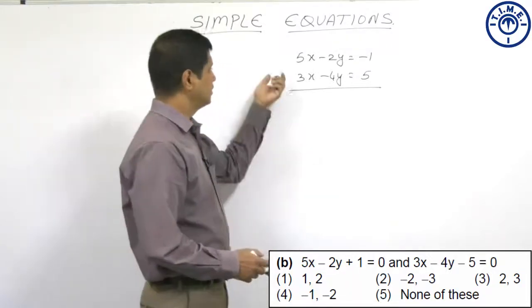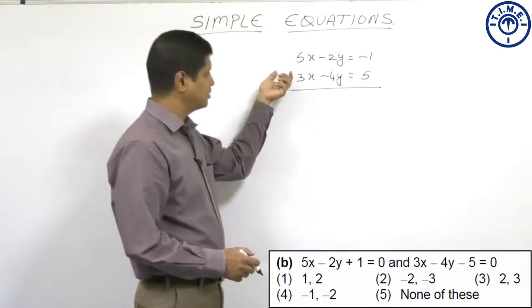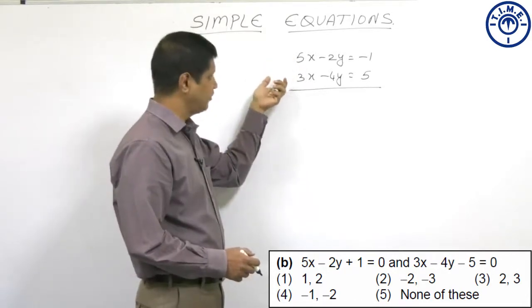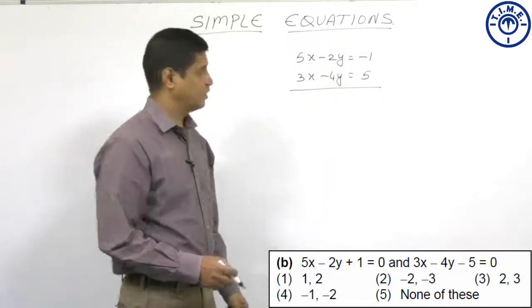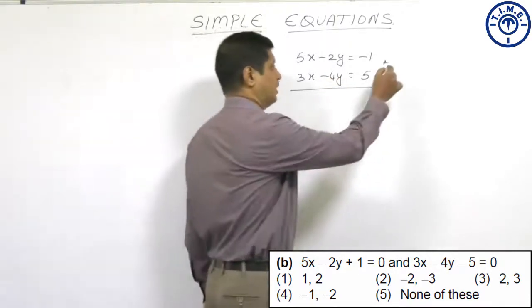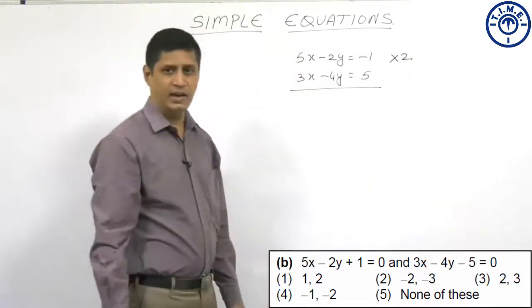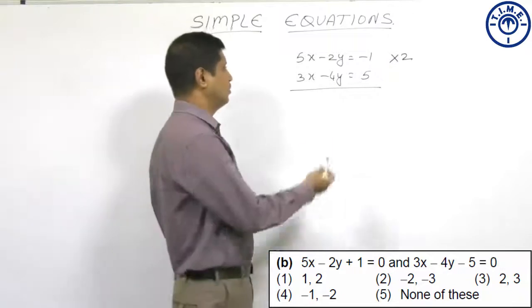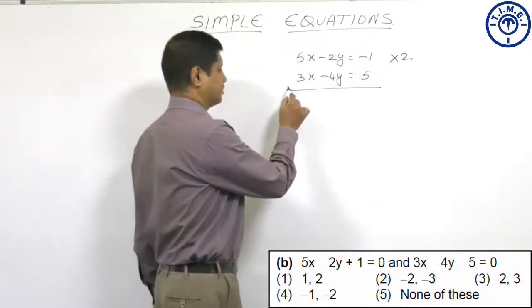Here, instead of making the coefficients of x the same, it is very easy to make the coefficients of y the same in both the equations. When you multiply the first equation with 2, we get 4y in both the equations. Now subtracting the second equation from the first one.